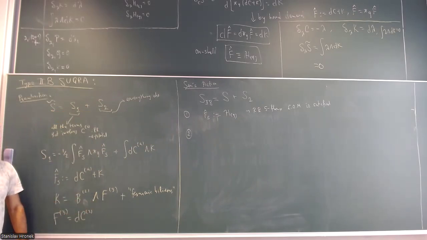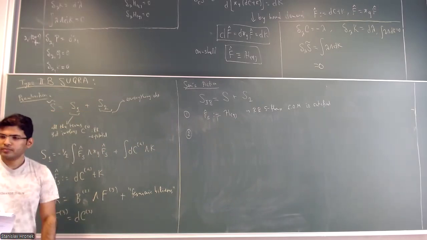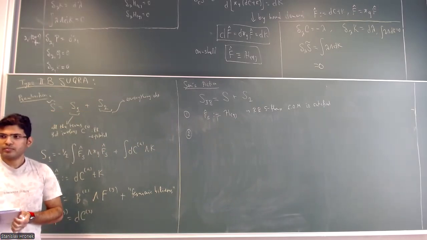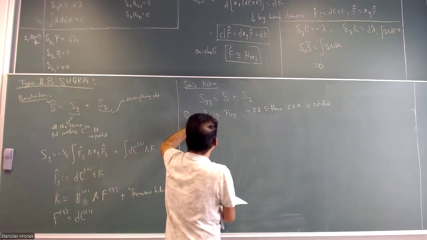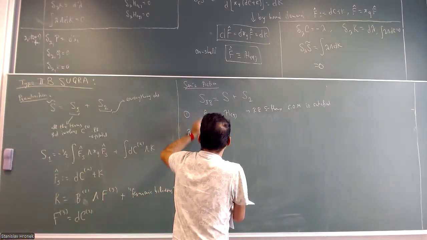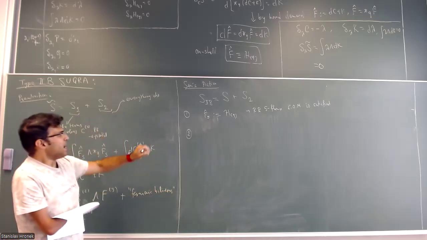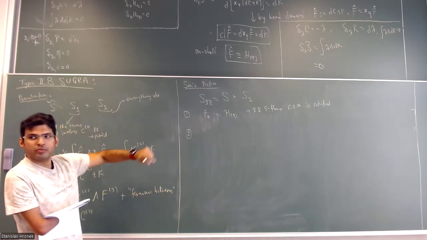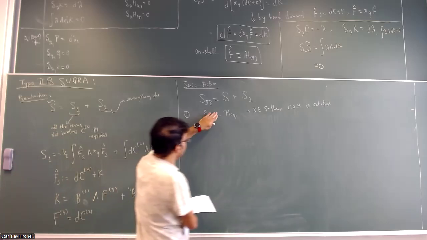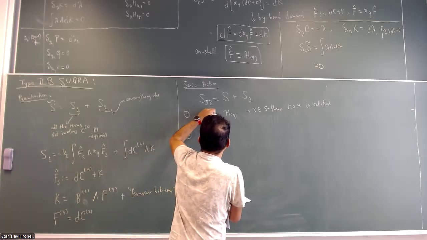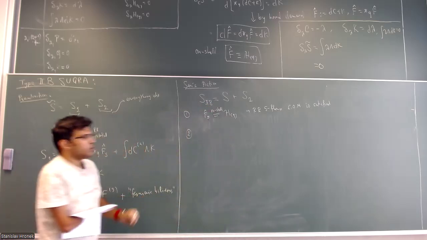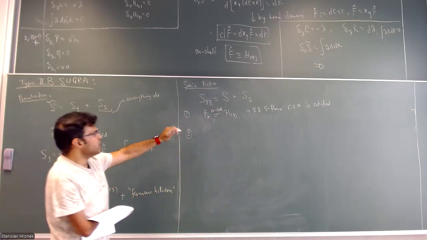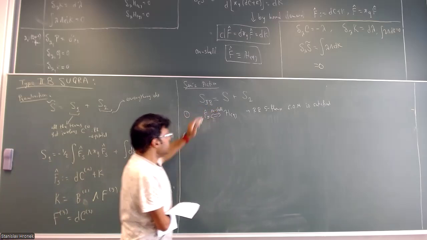Maybe the right word is to say you lift your Fs to H. Because F5 only makes sense in the sen action. Yes, I would say that because you make the identification only on shell. Exactly. So maybe you should write it. It's more like you're lifting it by a new object. Yeah, I'm simply saying that on shell I identify F5 with H.